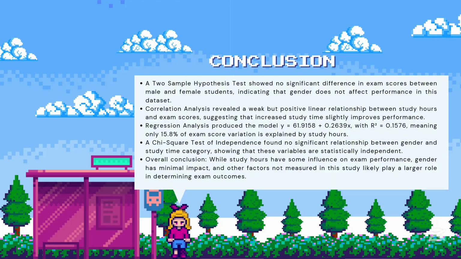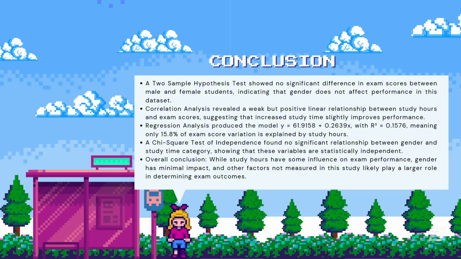We also have the correlation analysis that we calculated and analyzed. It revealed a weak but positive linear relationship between study hours and exam scores, suggesting that increased study time slightly improved performance.